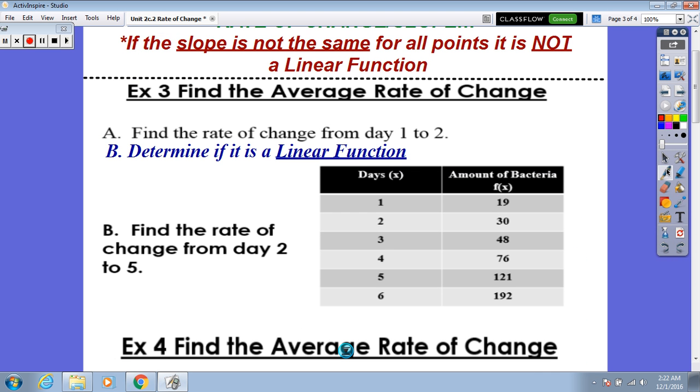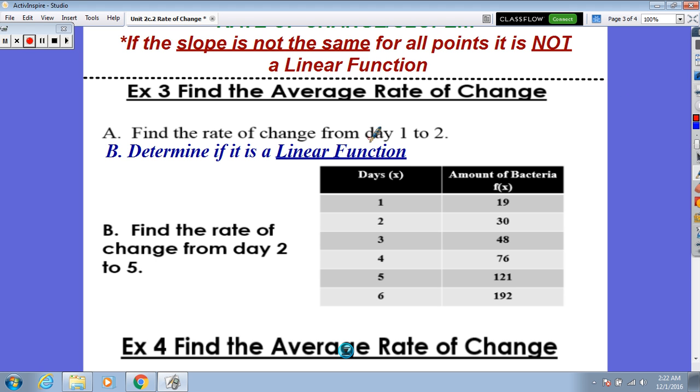Stick with me. All right, A says find the rate of change from day 1 to day 2. So here's our days, day 1 to day 2. Okay, but in order for us to find the rate of change, we're going to be using a point. We need the x value. Remember, f of x is the same thing as y.